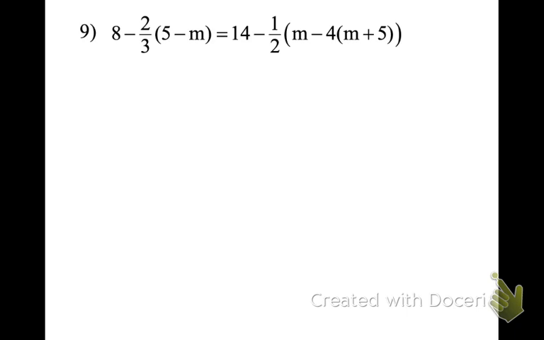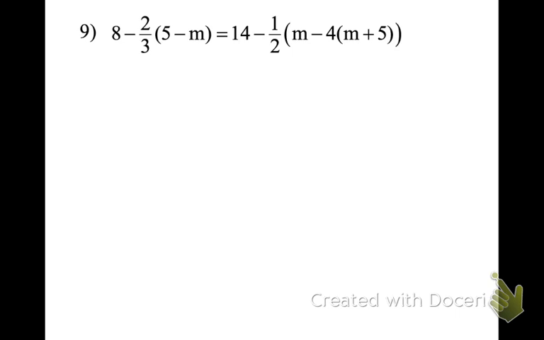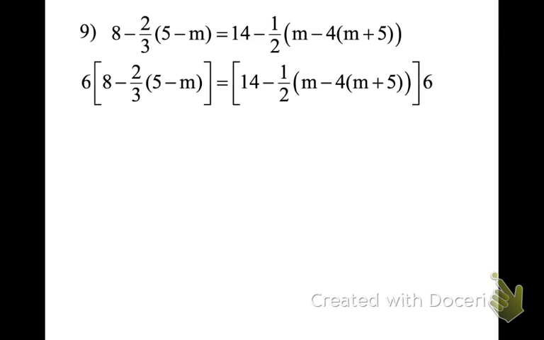So you can pause the recording, take a look at this one. What would we clear by? How about a 6? Now remember, these ones with parentheses, when you multiply, you're only multiplying this once and this once. When I multiply by that 6, the first one's going to be 48, and we're only distributing it to here.